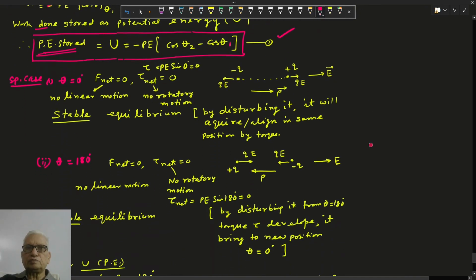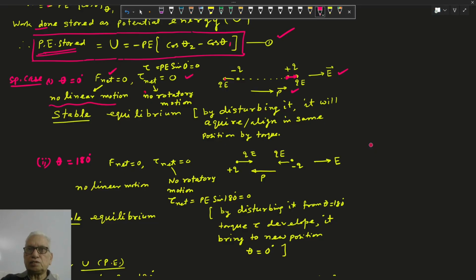Now we know the special case when theta is equal to 0 degrees. Theta 0 means P and E are both in the same direction. On the positive charge, force QE acts in the direction of the electric field and on the negative charge in the opposite direction. So QE and QE are equal and opposite, net force is 0. And theta is 0, so PE sin theta, sin 0 is 0, so torque is also 0. Force 0 means there is no linear motion.